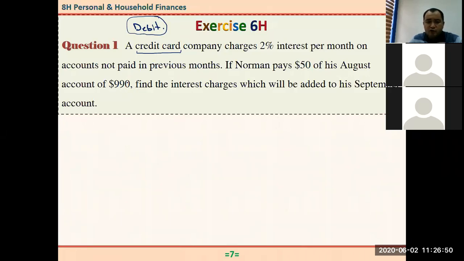All right. If you do not pay this back to the bank, when it moves to the next month, I will charge you 2% on this. Now in June, you still owe this money to the bank, but now you should pay this amount plus 2% interest.